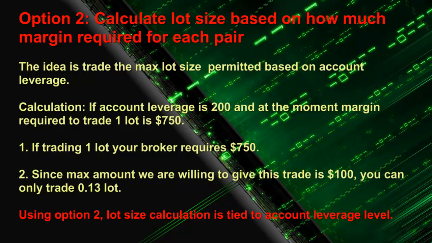So you can see this method has nothing to do with stop loss distance. And also, as a result, with different lot sizes you will get different losses, and when you hit stop loss, that was not our consideration. Our consideration is just to trade the maximum amount given the free margin required.